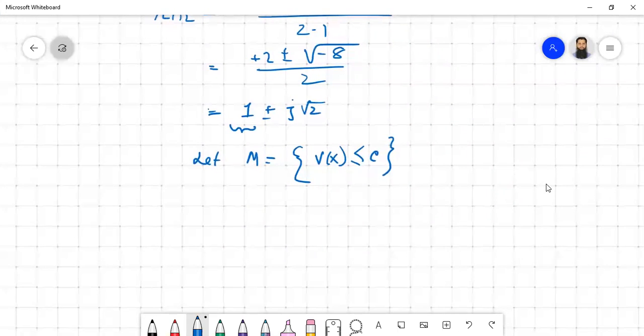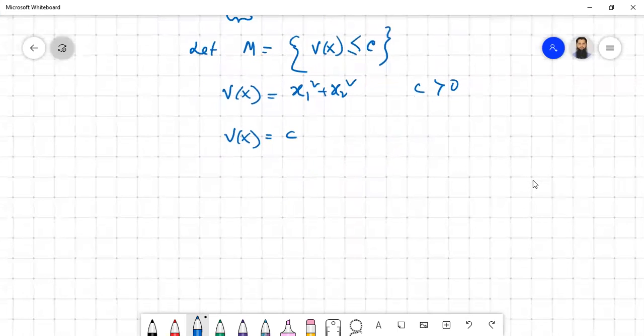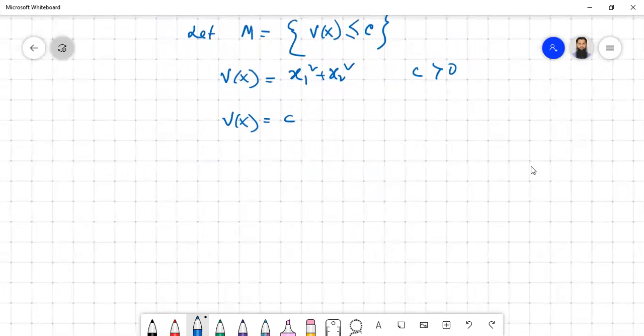Say V(x) is nothing but a circle, that is x1 square plus x2 square, and we are assuming that C is greater than 0. So on the surface, V(x) equals C. We are trying to find out on the surface what our direction is.